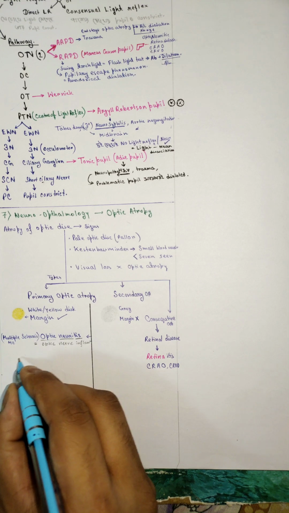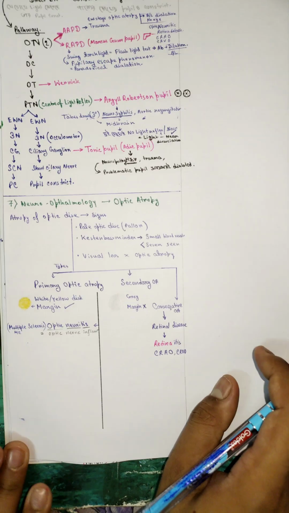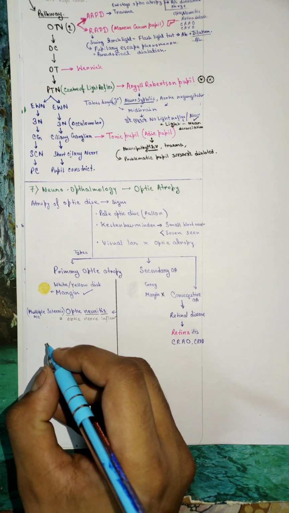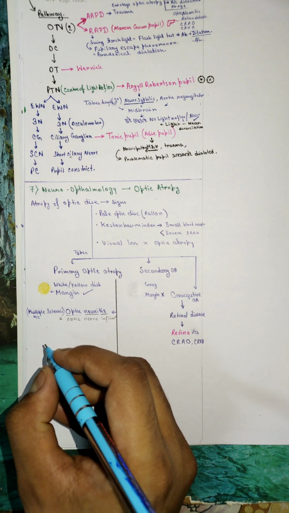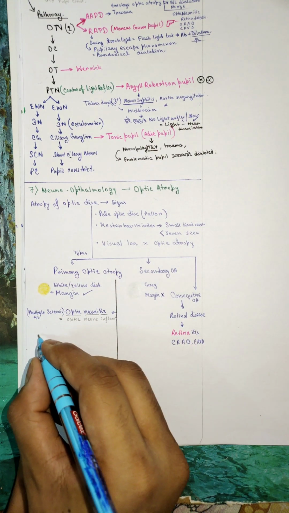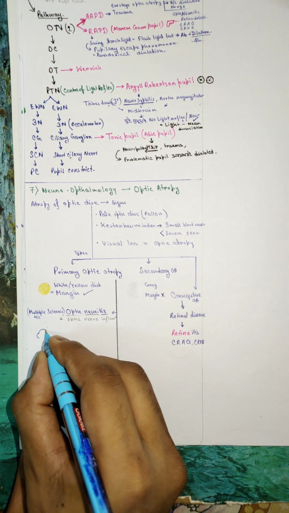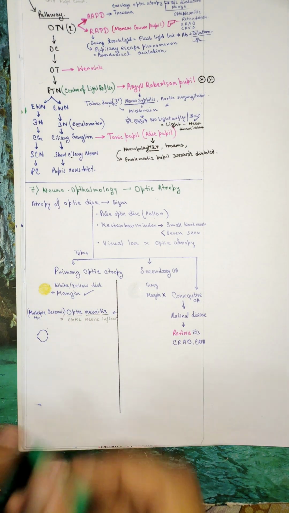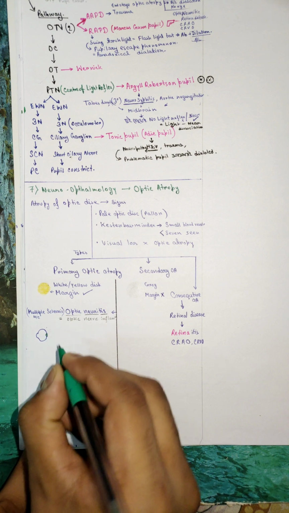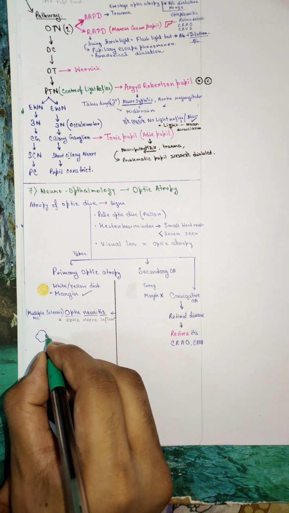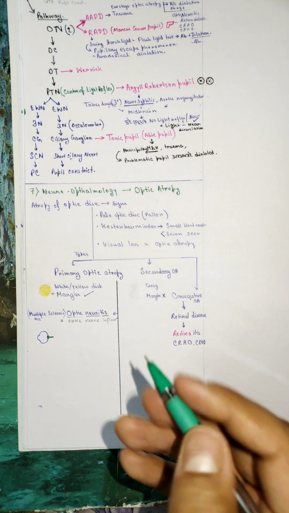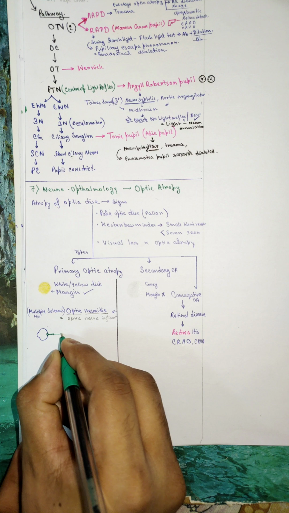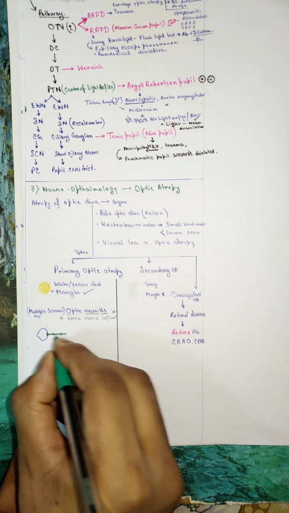If this is my eye here, and here comes my first part, the optic disc, then comes intraorbital, that means in the orbit of the skull, then intracanal, and then intracranial. There are four parts.